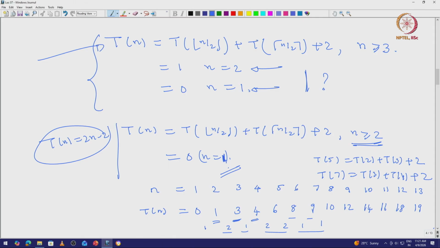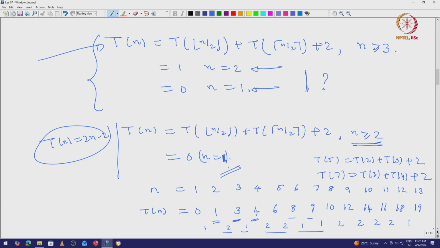Now the difference here is going to be 2, 2, 2, 2 and 1. You are going to have 4 ones. You can see some values. So the differences are not always 2. There are certain differences which are less than 2.